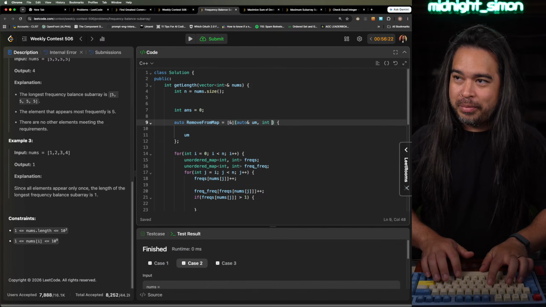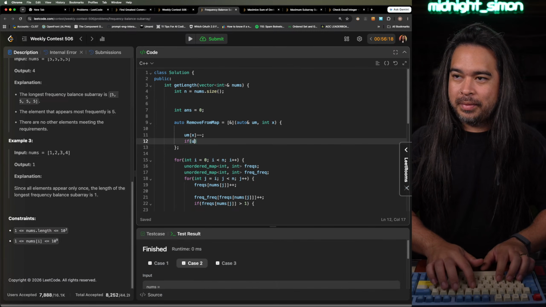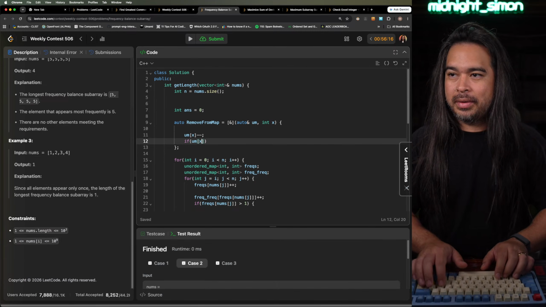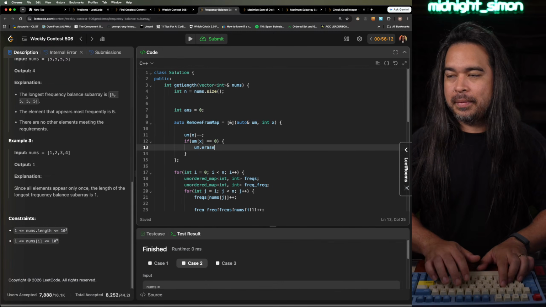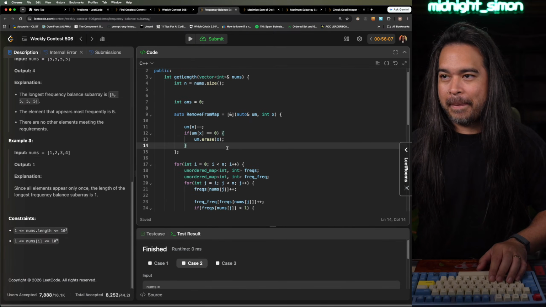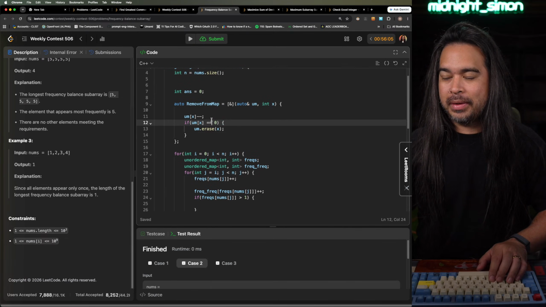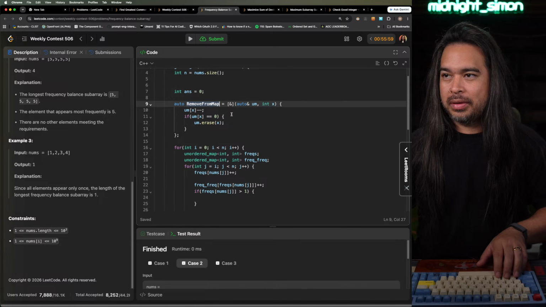So remove from map some number. This is pretty bad too. But life goes on.